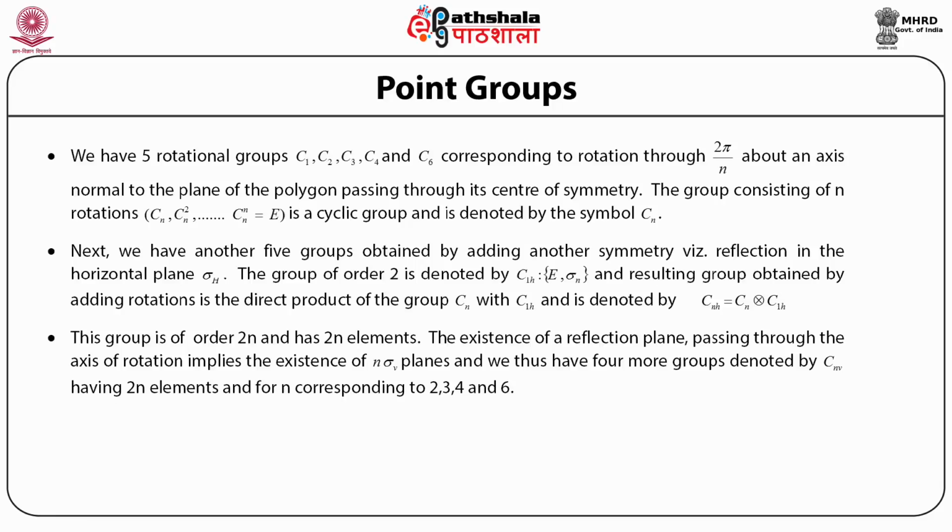Now the existence of a reflecting plane passing through the axis of rotation implies an existence of n sigma v planes, and thus we have 4 more groups denoted by CNV. CNV again has 2n elements, and n corresponds to the rotation by an angle 2 pi by 2, 2 pi by 3, 2 pi by 4 and 2 pi by 6.